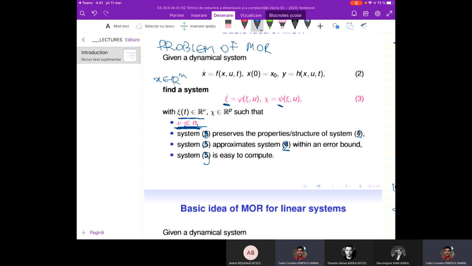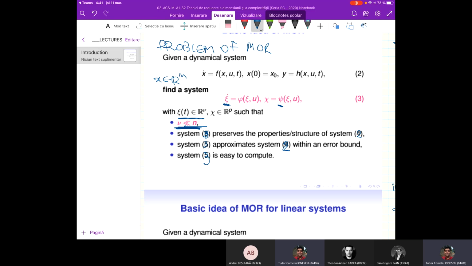So if the equations that define the original model exhibit a specific sparsity, it would be nice to keep this sparsity in the reduced order model as well. I think this makes sense, doesn't it? Maybe some of you know what sparsity means. Sparsity is very important, especially nowadays in all these machine learning applications and all sorts of things.